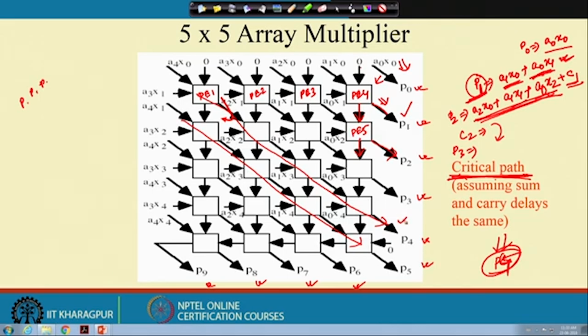That means, for P4 and P5 both are basically consuming 4 processing elements in this particular direction.